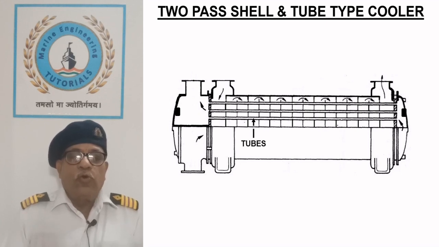It consists of a tube stack made up of cupronickel or aluminium brass tubes and admiralty brass tube plates fitted into a steel shell. Tubes are usually attached to the tube plates by expansion and bell mouthing and provide a passage for the coolant.